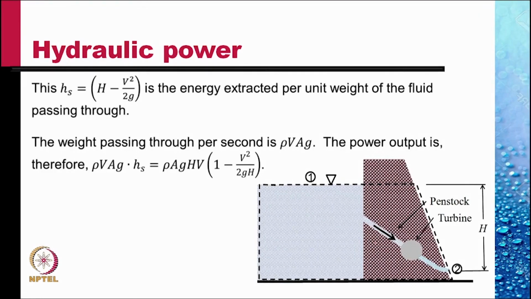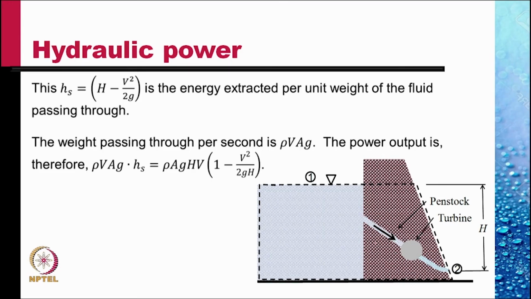Thus, Hs equals capital H minus V squared by 2g, which is the energy extracted per unit weight of the fluid passing through. The weight passing through per second is rho VA times g.